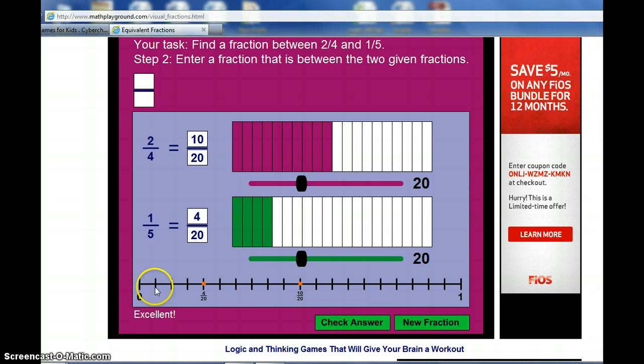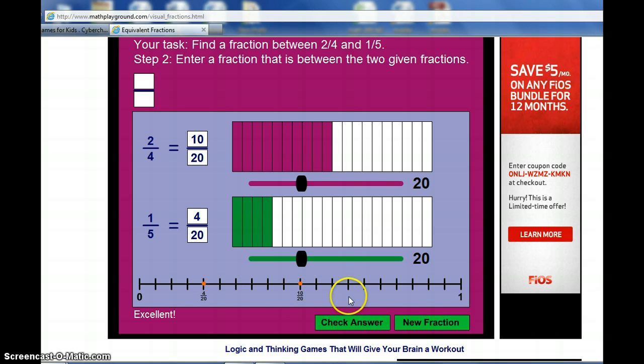The reason I like it is because it gives you a number line, and you can see there's lots of fractions in between 2/4 and 1/5, because 2/4 is 10/20, which is a half, and 1/5 is 4/20. So there's 5/20, 6/20, 7/20, 8/20, 9/20 between this fraction and this fraction.